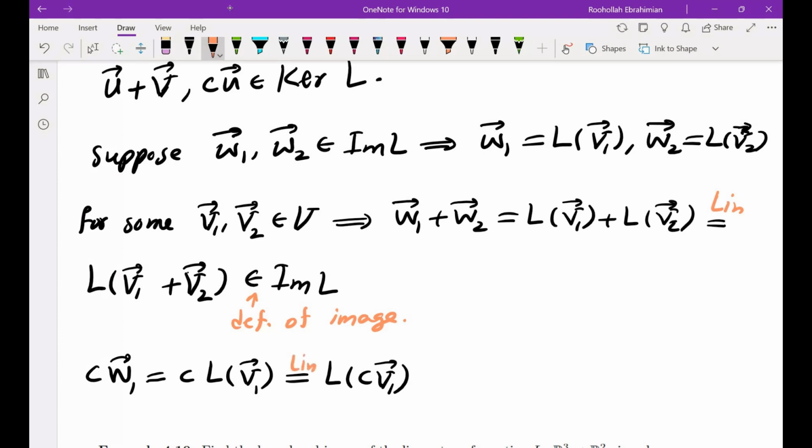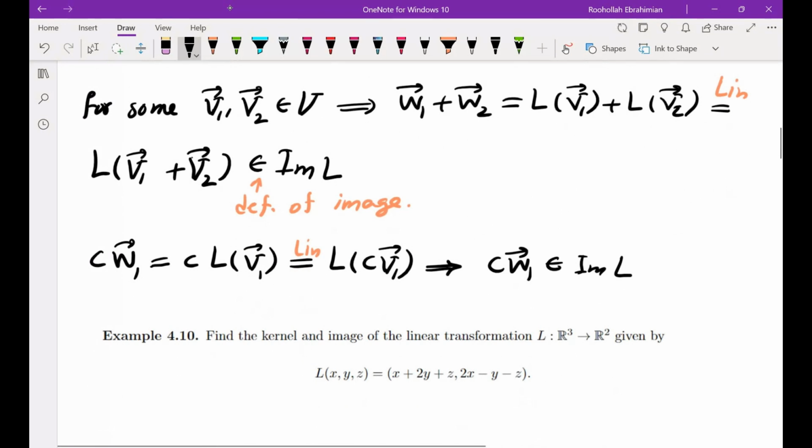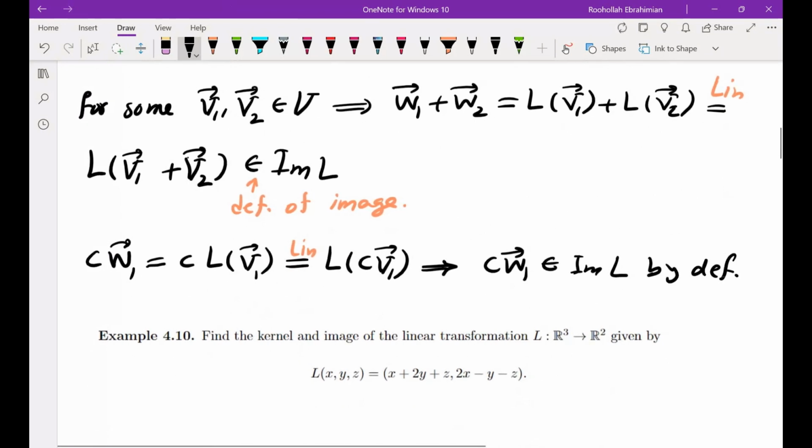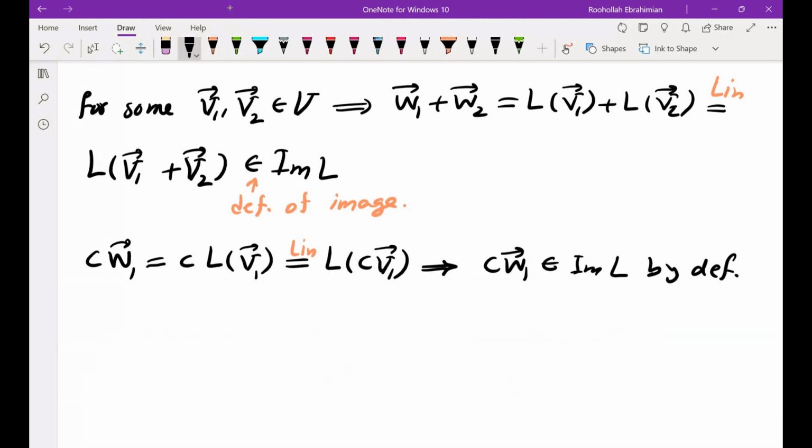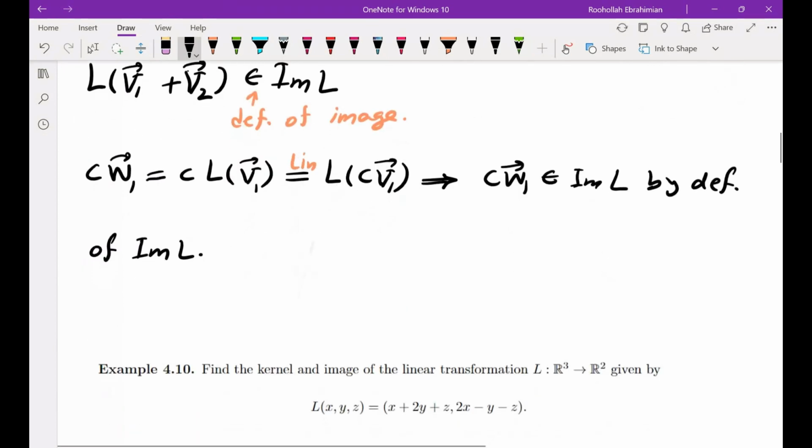So CW1 is in the image because of the definition. The image is just L of elements in the domain. So therefore, both of these sets are closed under addition and scalar multiplication. Therefore, they are both subspaces, and also 0 was in both of them.